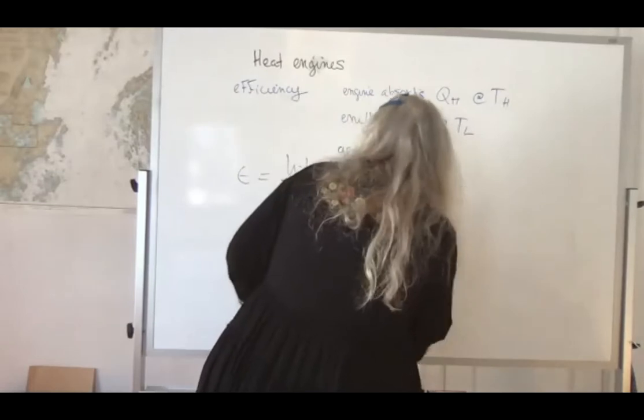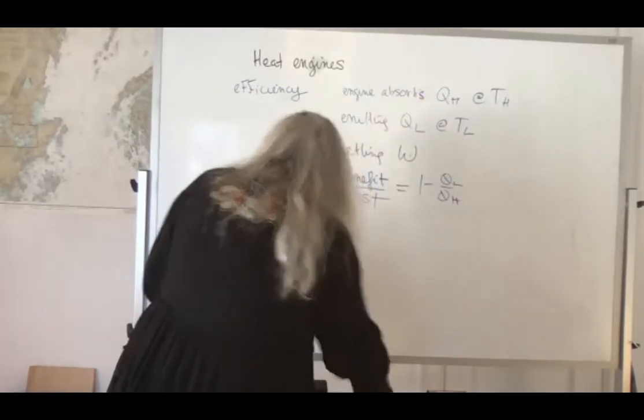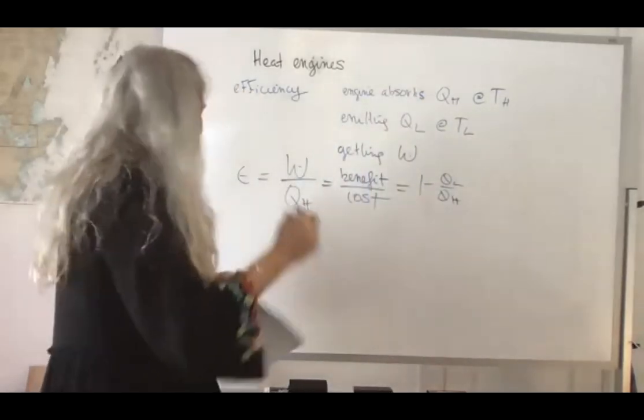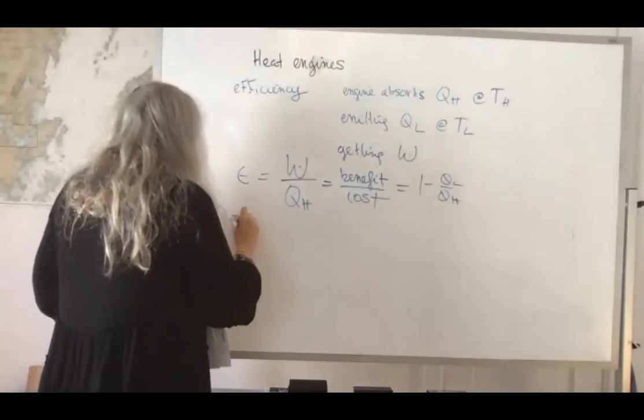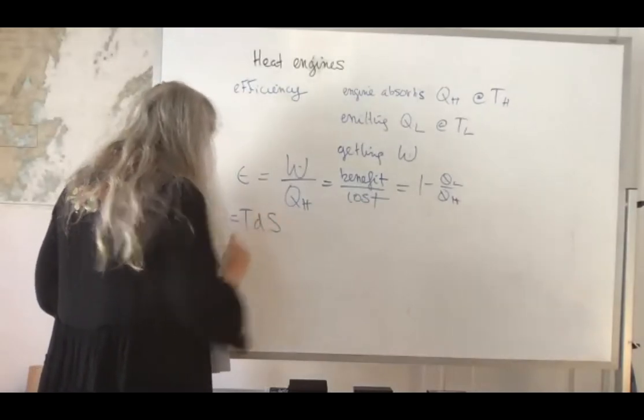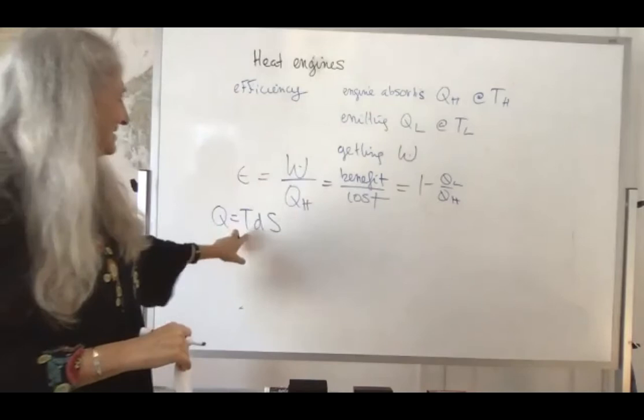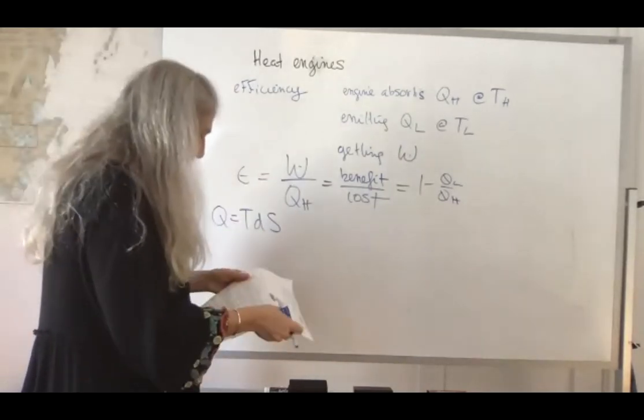This is where we have to remember that Q is equal to TdS. So heat is temperature times change in entropy.